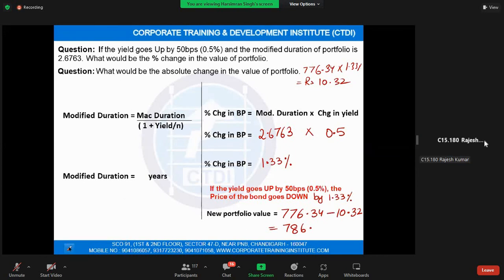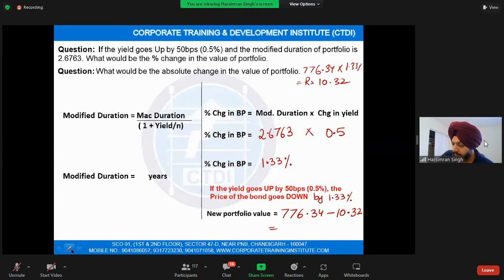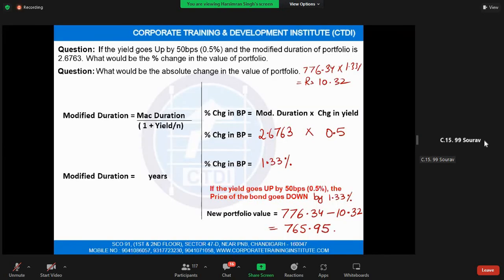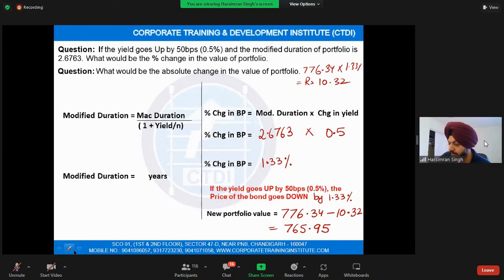So this will be, how much is the value? 766.02 आएगा.